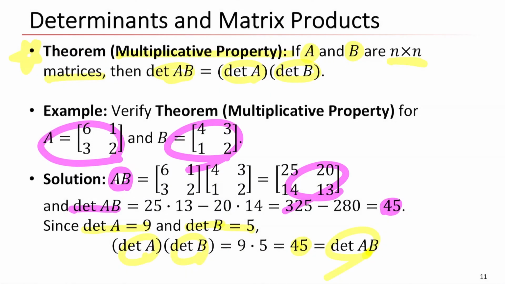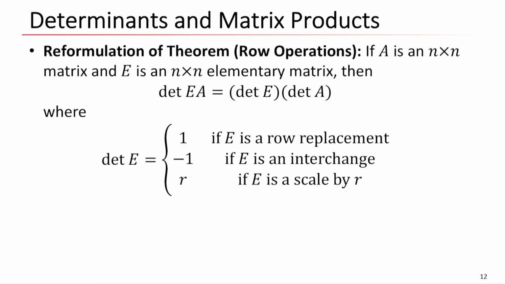So okay, by using this property, we can reformulate the row operation theorem something like this. Let's say we have an n by n matrix A, and an n by n elementary matrix E, right?